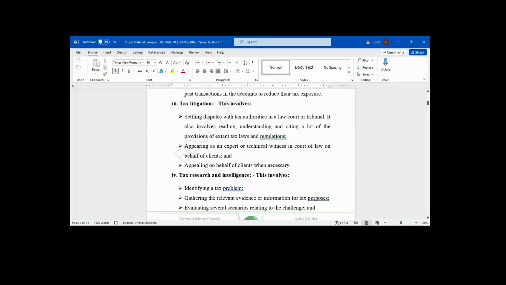Tax litigation is the third element of tax practice.